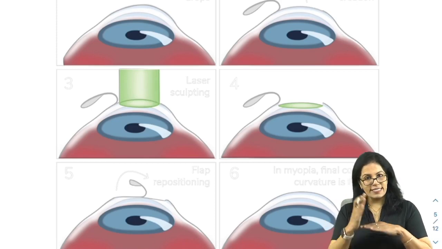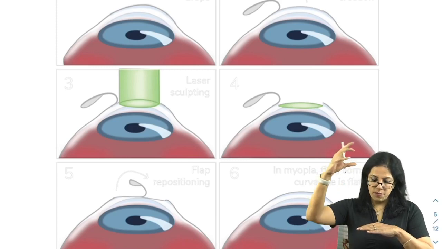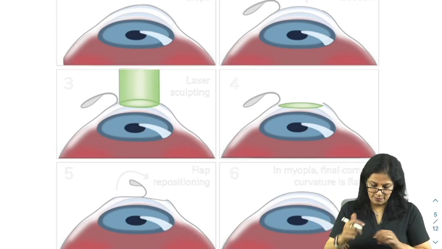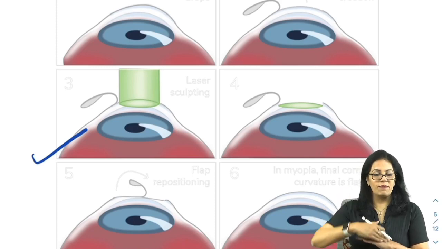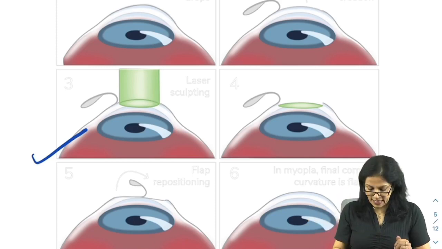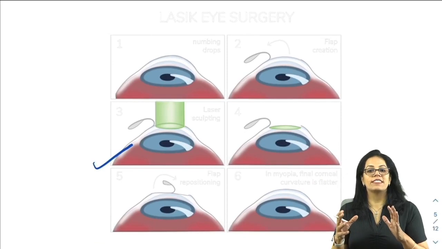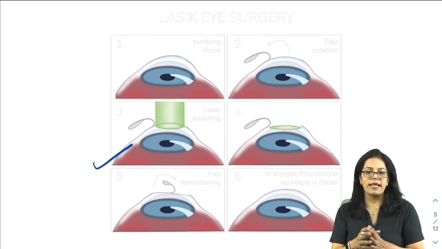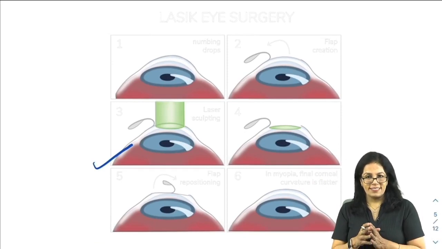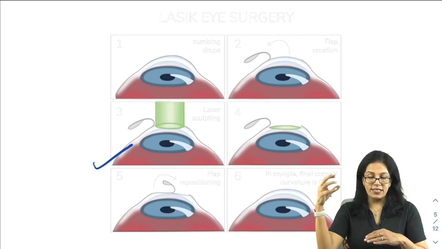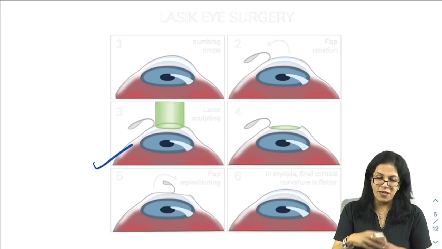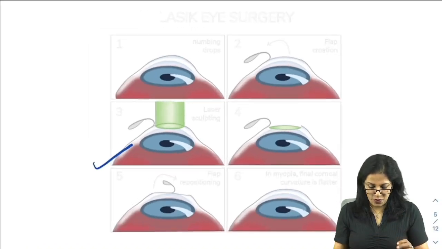So when you have raised this flap, on the remaining stroma you put the laser. This is what you're doing, sculpting the stroma. Later you put the flap back. After that, the alteration of the curvature is done. Same excimer 193 nanometer, that is argon fluoride. But here we are dealing with and sculpting the deeper stroma. Keep in mind.